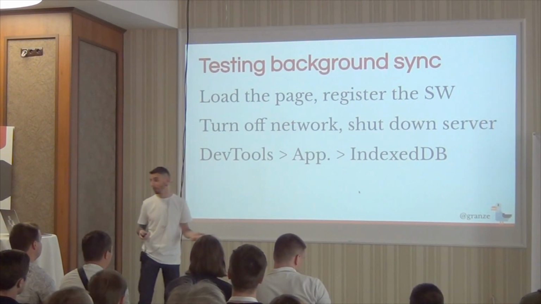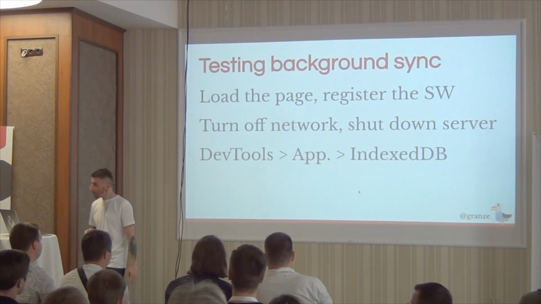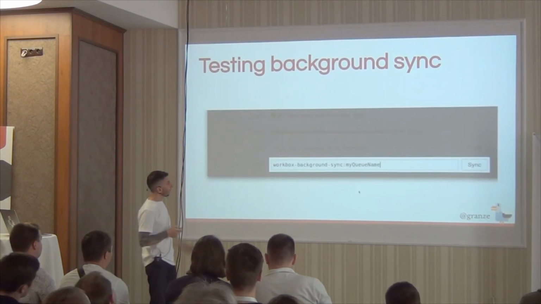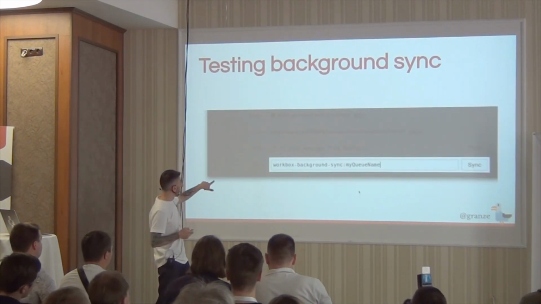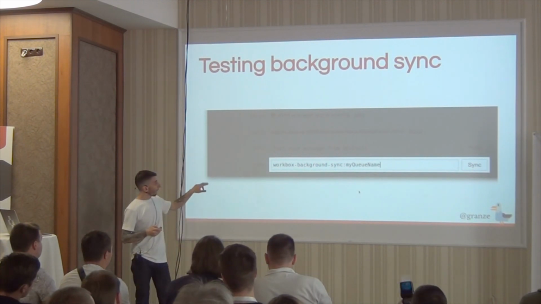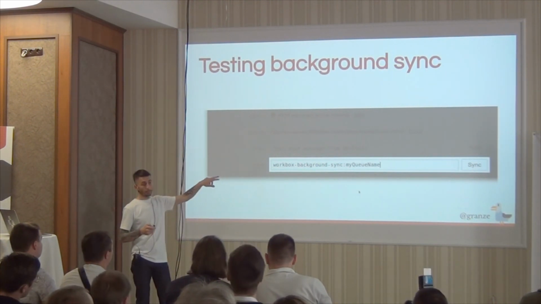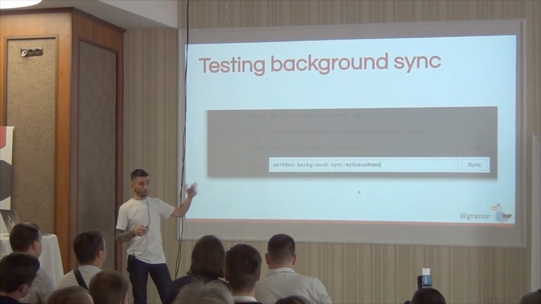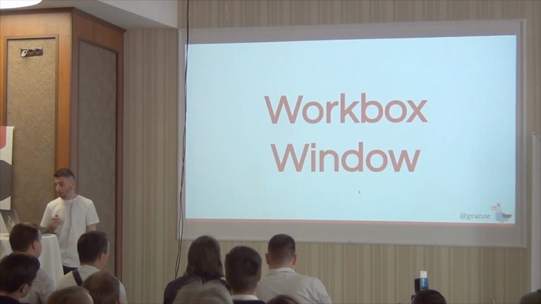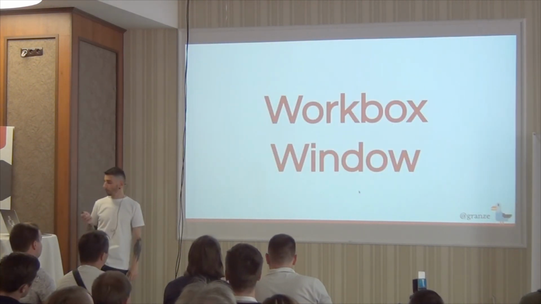So you need to shut down your server and then open your Chrome DevTools, and there is a sync property, and you can set the name of your queue and try your background sync. Nice and easy. So last thing for today is Workbox window.